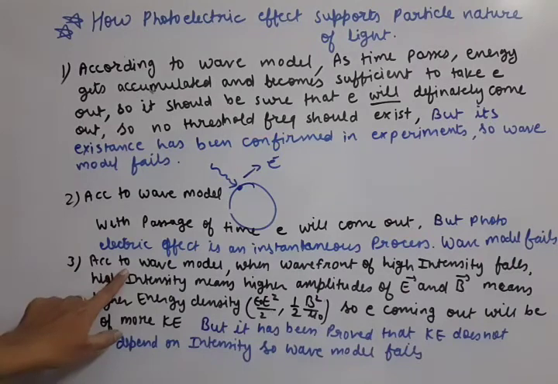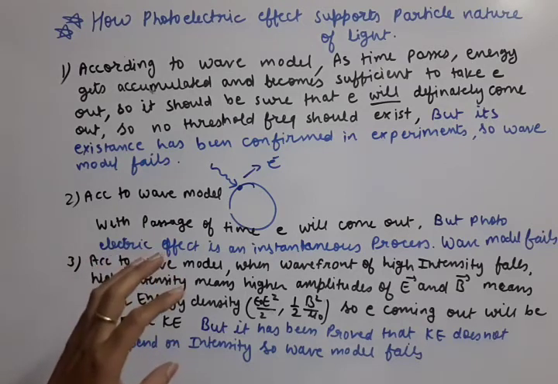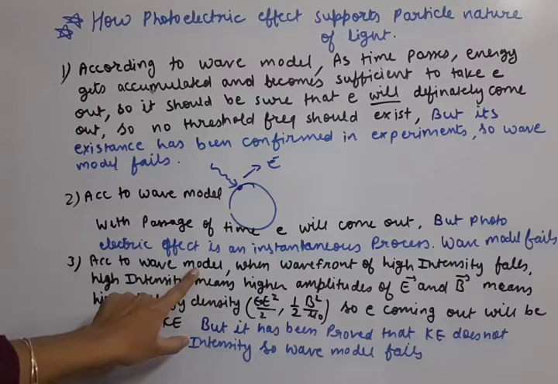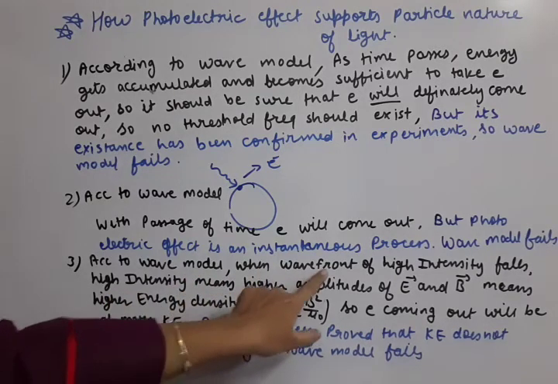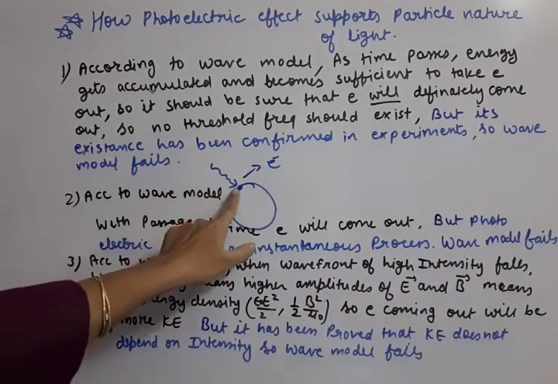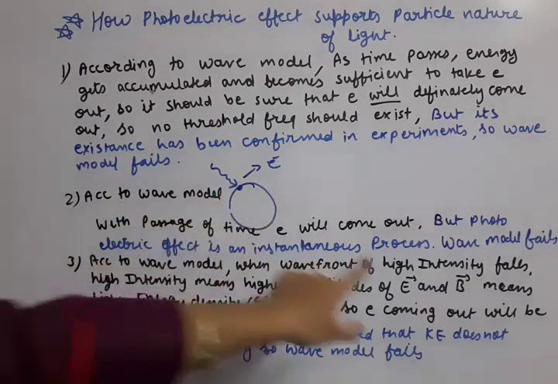Now the last point which supports the particle nature of light is based on the dependence of kinetic energy. If we consider the wave model, when a wavefront of high intensity falls, the light travels in the form of a wavefront of high intensity.